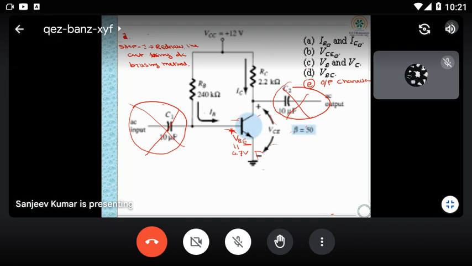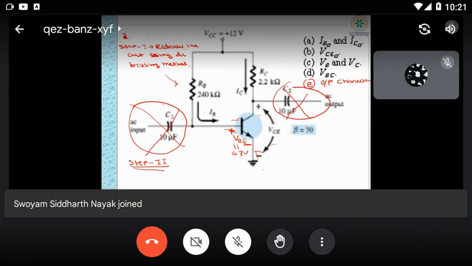Now what is the next step, anyone? So first you redraw the circuit. Okay, second step, anyone? Divide that VCC and apply KVL. Okay, you are telling because VCC you can separate.